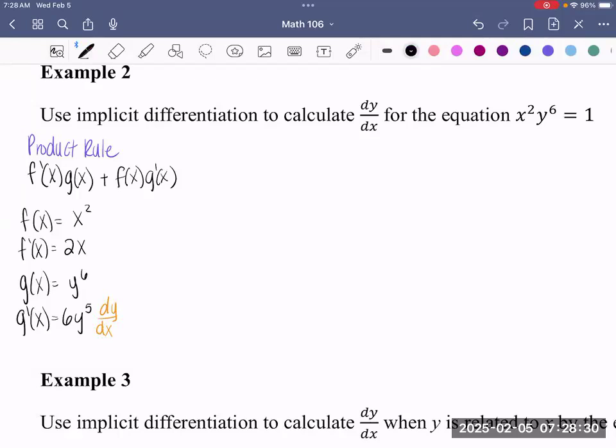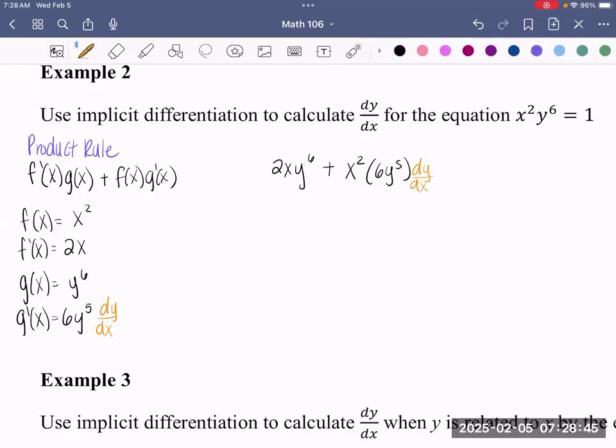Let's go ahead and put it all back together. We have 2x y to the 6th plus x squared times 6y to the 5th dy dx. So that is the derivative on one side. Now let's take the derivative of the other side.